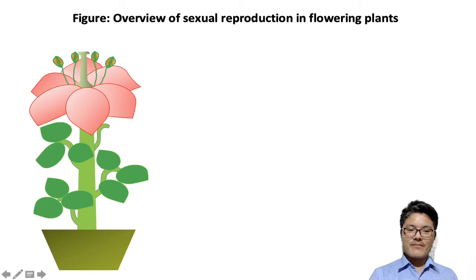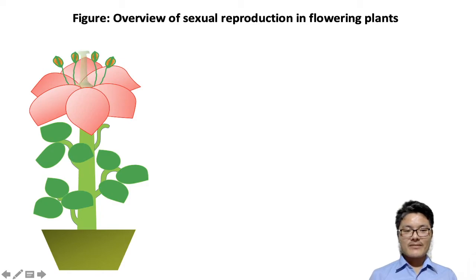I've intentionally drawn this flower in larger size so that we can focus only on the flower. The flower here is bisexual, having both the stamen and pistil together in one flower.